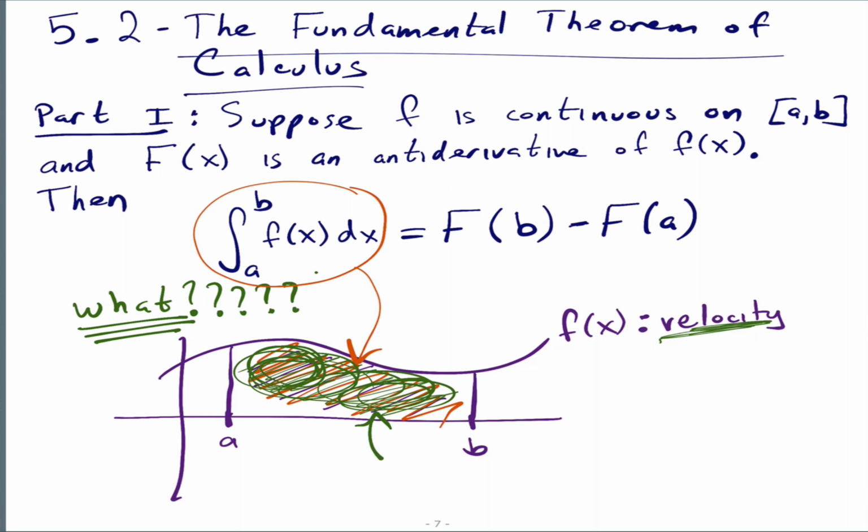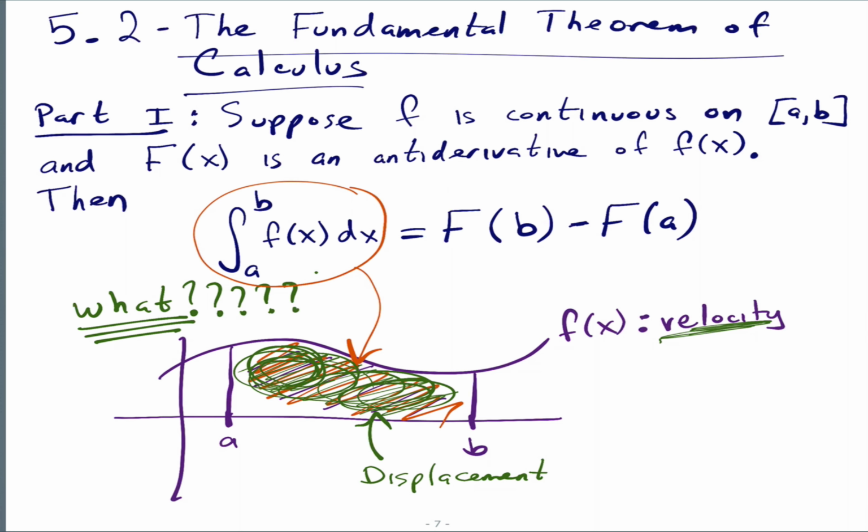It's the displacement, right? Displacement slash distance, not divided by, but you know what I mean. You have to be a little bit careful because for distance everything is counted as positive, and displacement is the net distance.